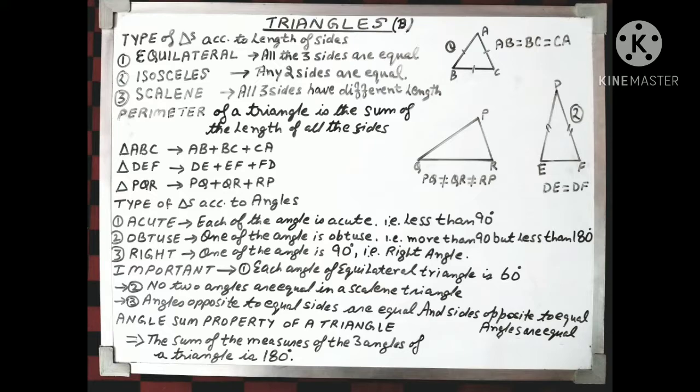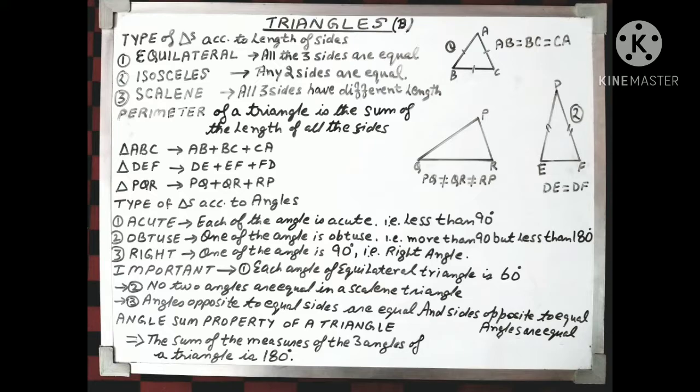Some important conclusions about triangles. The first is that each angle of an equilateral triangle is 60 degrees. Second, no two angles are equal in a scalene triangle.